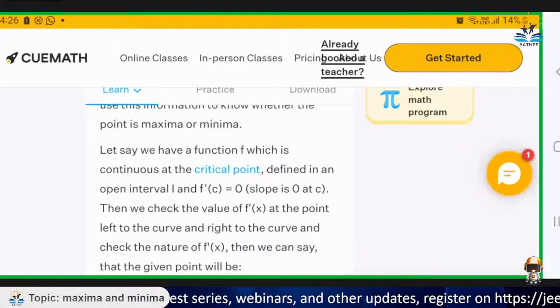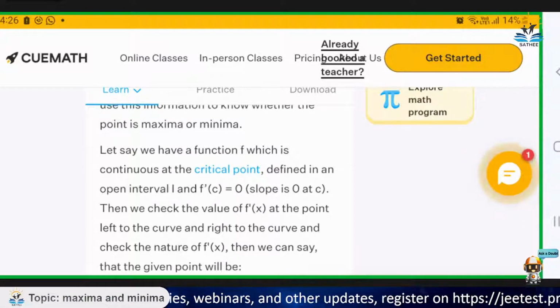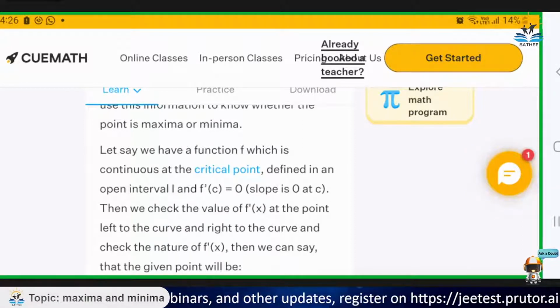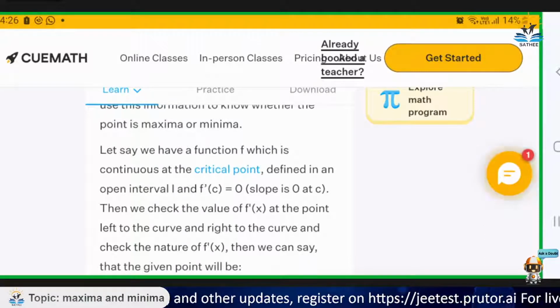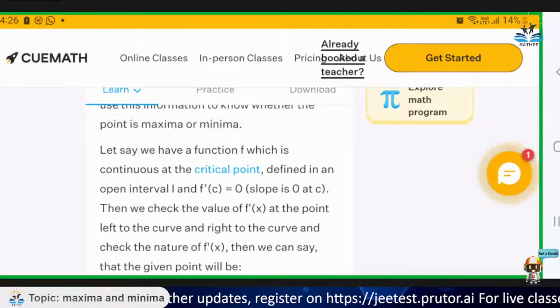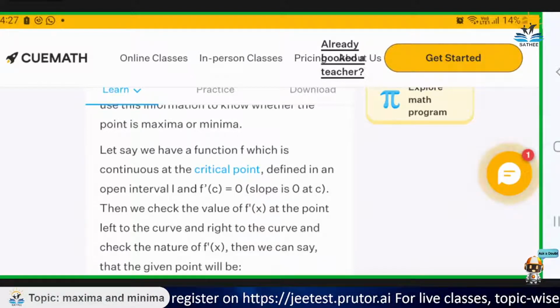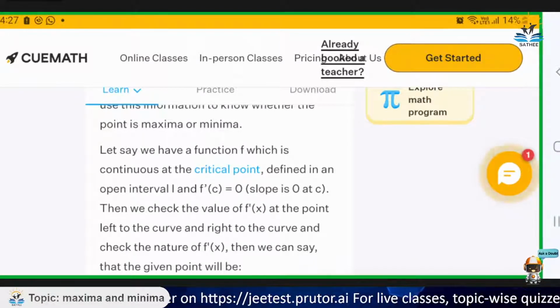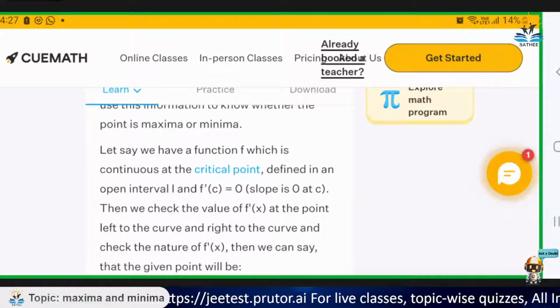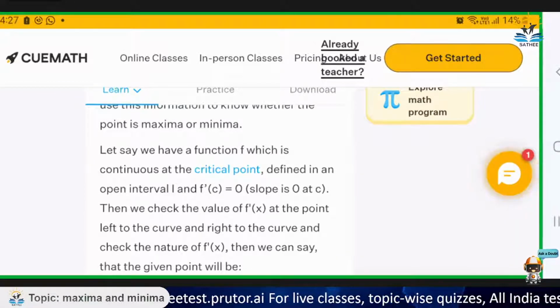We know that at the point of local maxima and local minima, the slope of the function is 0. So if a point x equals c is there, at that point the slope of the function would be 0. So we can write f'(c) = 0.